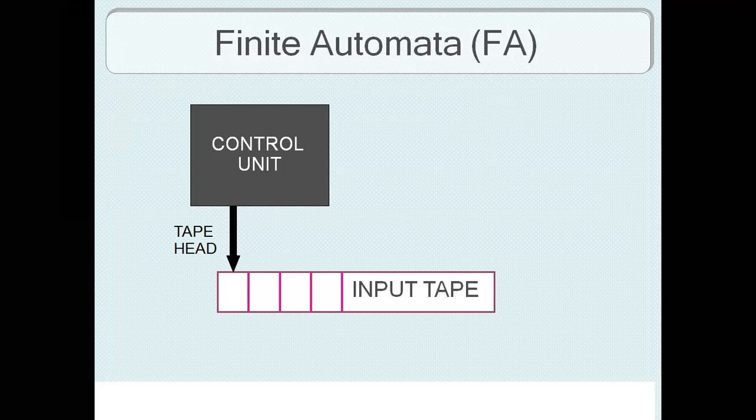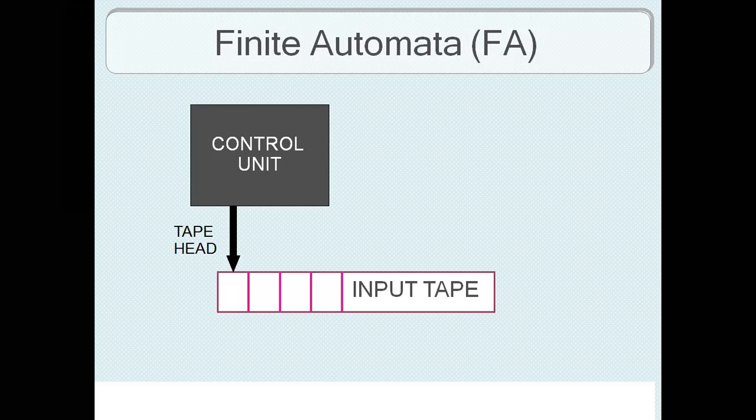The input tape consists of a string, and each symbol is filled in a sequence of cells, and that is the input tape. We are reading the symbols from the left end by using the read only head. So what is the purpose of the read only head? The read only head is pointing to the input tape, and we can read each symbol from the input tape, and that is given to the control unit.